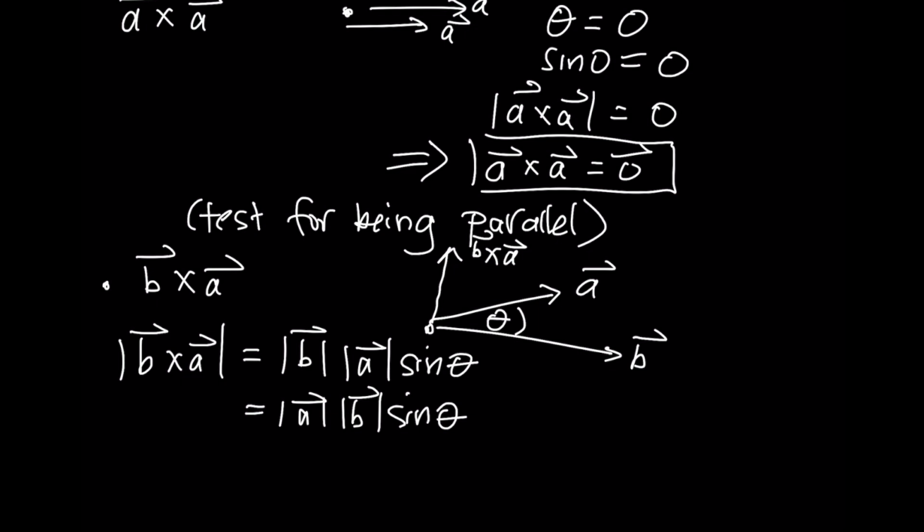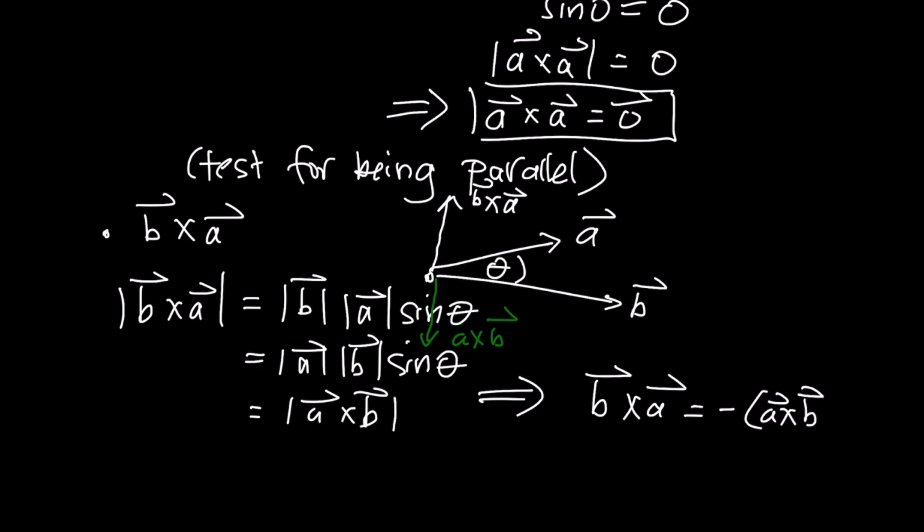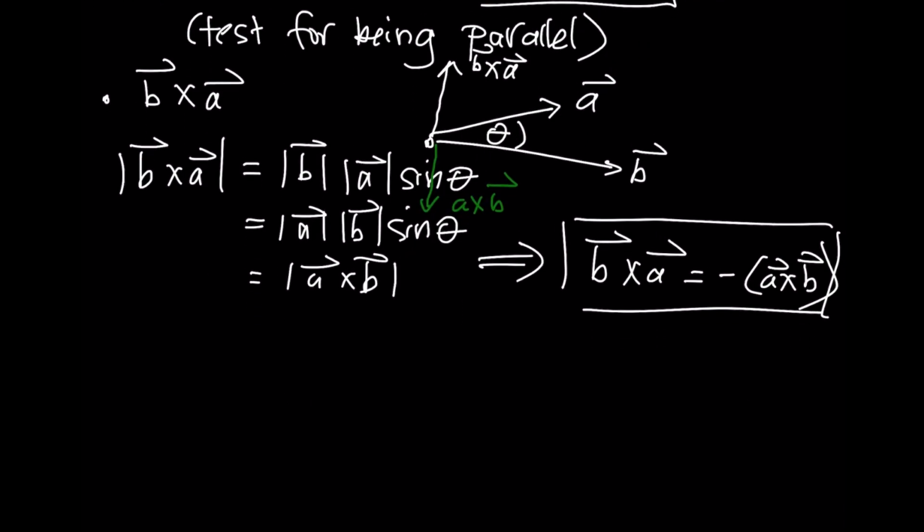So this tells me that it's exactly the same size as A cross B. The direction is the only possible difference. All that would change is that the answer would point down. So there would be A cross B. If you were to switch the order in which you take the cross product of two vectors, all it does is change the direction.